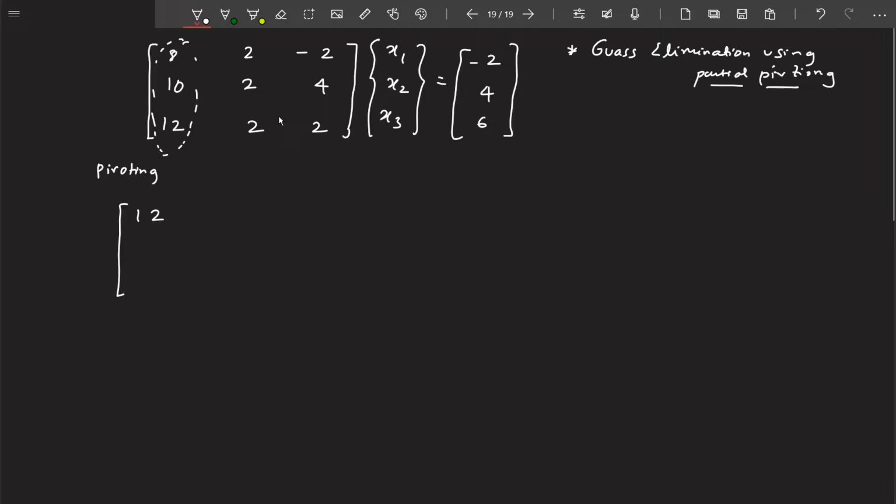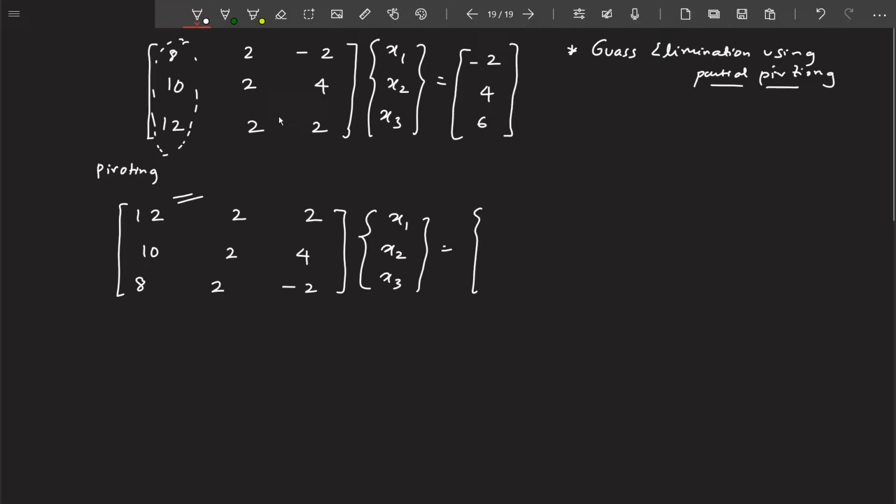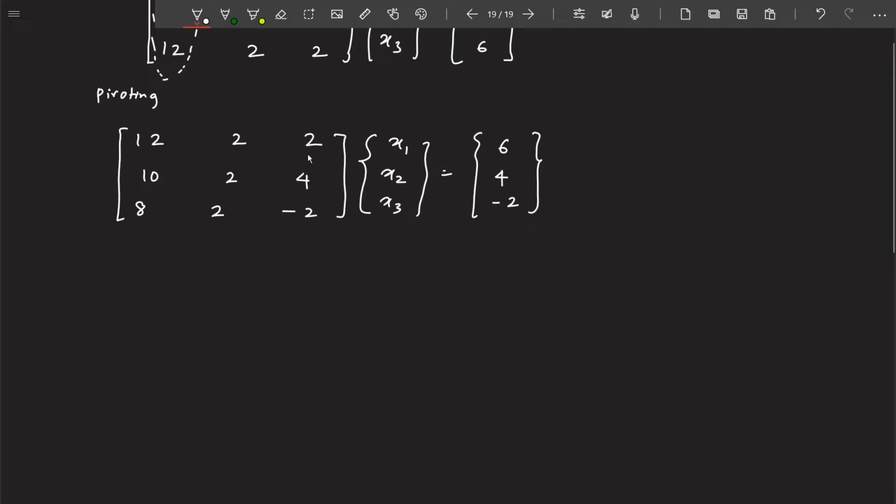This is going to be 12 2 2, 10 2 4, 8 2 minus 2. This is going to be x1 x2 x3. Since you have shuffled the rows here, you have to shuffle it here as well. So then this becomes 6 4 minus 2. So this is your first partial pivoting.